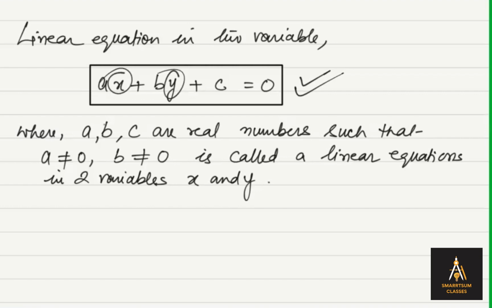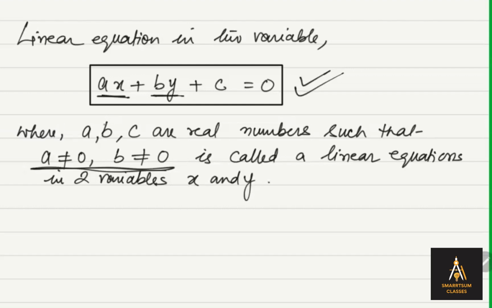So ax plus by plus c is equal to 0 is the standard form where x and y are the two variables, and a, b, c are real numbers such that a is not equal to 0 and b is not equal to 0. The coefficient of x should not be 0 and the coefficient of y should also not be 0.